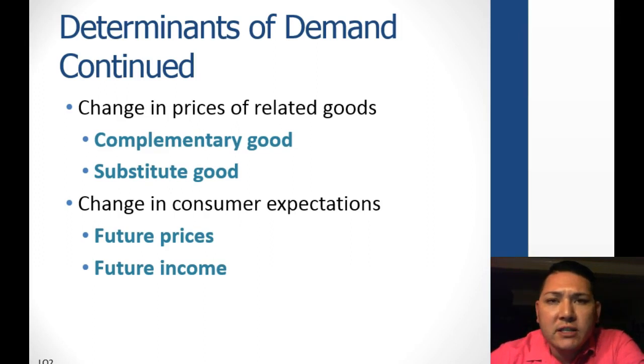We're talking about future prices and our future income. If we expect the future price of an item to be higher, it increases our current demand for the product, right? If we expect a future price of the product to be cheaper or lower, it decreases the demand for the product.